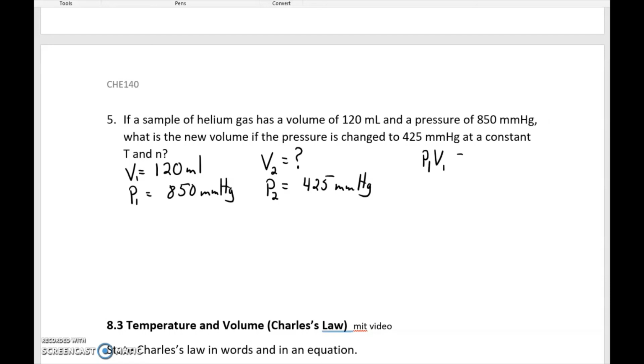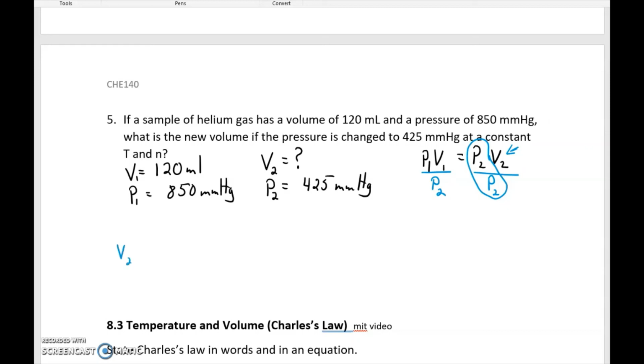So P1 V1 is equal to P2 V2. We have everything we need except we need to get this V2 by itself. We'd like to get V2 alone. And to do that, we're going to divide both sides by P2. That means this will cancel, and V2 will be all by itself.